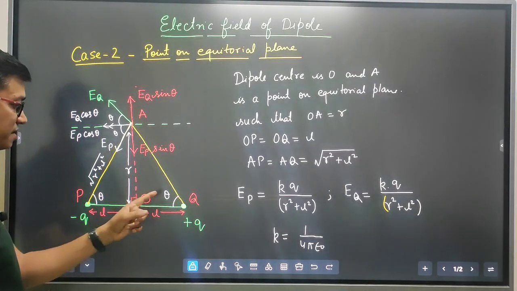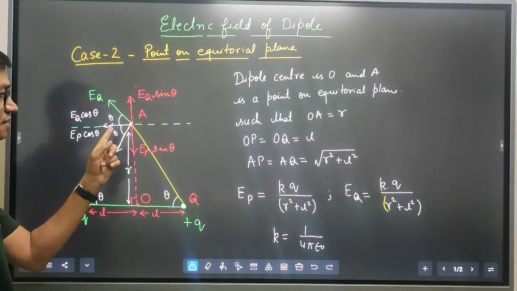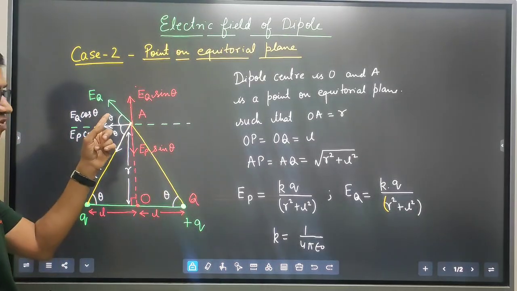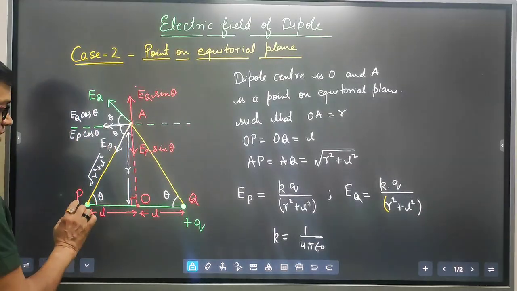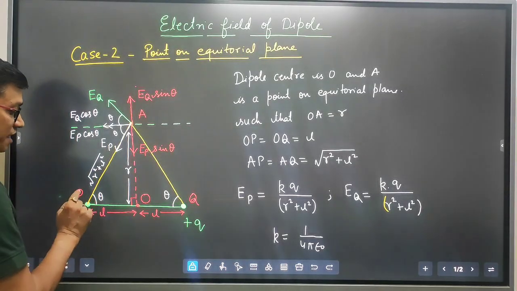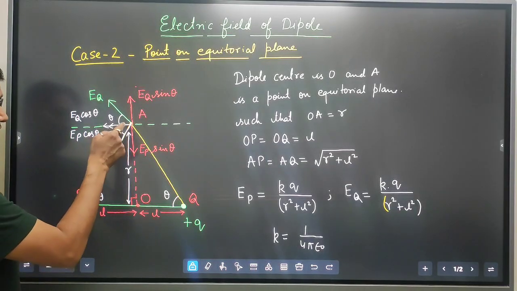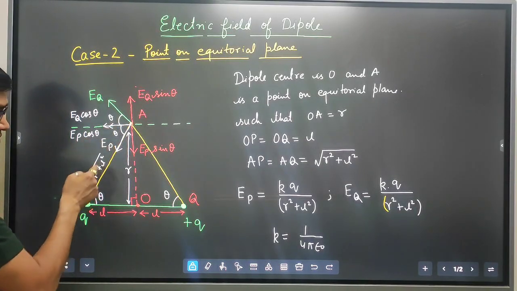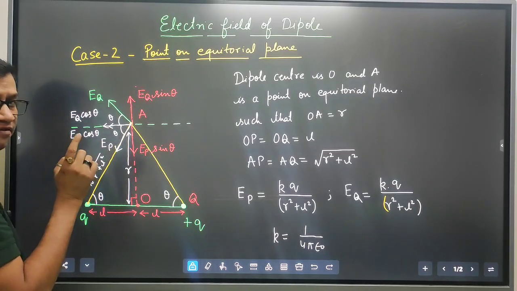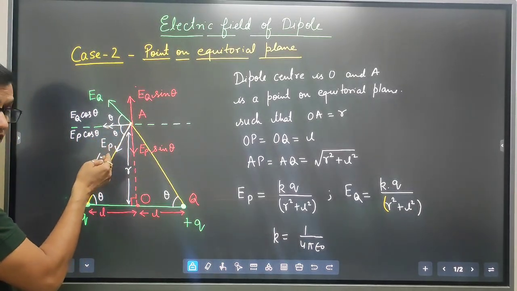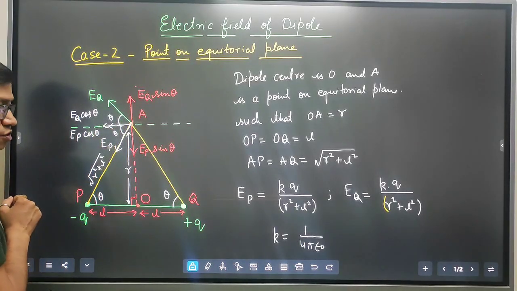Now this angle is theta, this angle is also theta, because of alternate interior angles and corresponding angles. First understand the electric field of this charge minus Q. It will be along the line joining this point and the charge, towards the charge, because for a negative charge the electric field is always towards the charge.